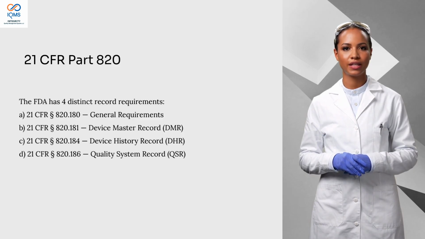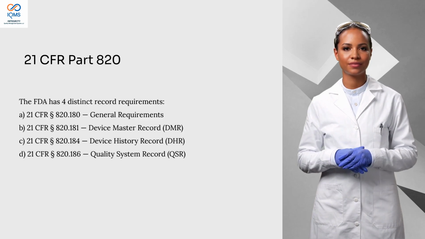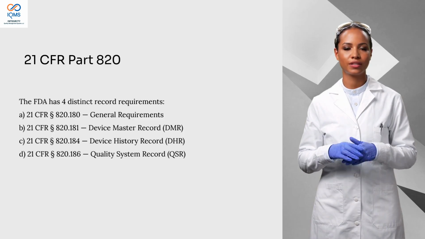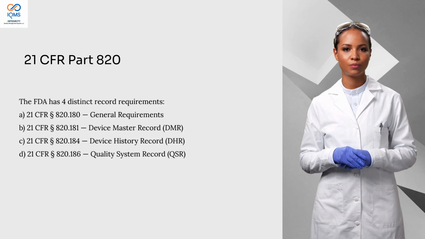B. 21 CFR Section 820.181, Device Master Record, DMR. C. 21 CFR Section 820.184, Device History Record, DHR. D. 21 CFR Section 820.186, Quality System Record, QSR.